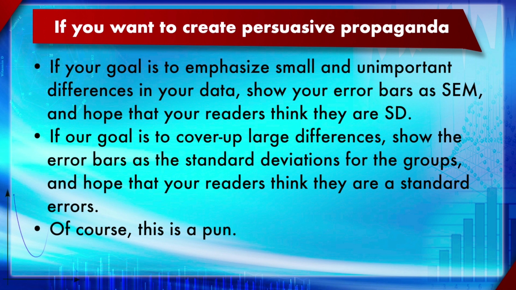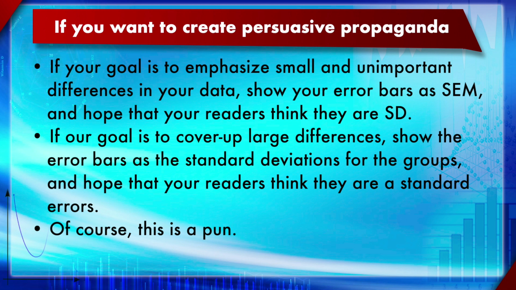So, to convey that this is really nice data, you present it in SEM, let the readers think that these are actually standard deviation, and you do not write anything in the figure legend. As you see, it is cheating and it is a serious academic malpractice. You should never make this mistake. It is just a pun that this statement has been quoted.